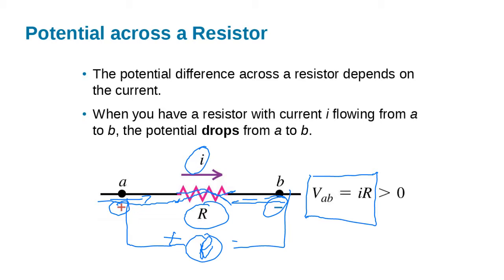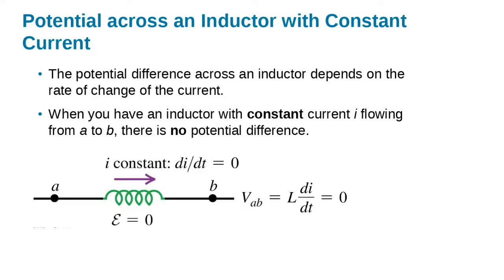But crucially, with a resistor, we will measure a voltage for a constant current. If you've got a constant current I flowing through a resistor, then we'll measure a constant voltage across it. Whereas for an inductor, again an ideal inductor with no associated resistance, the potential difference across an inductor depends on the rate of change of current.